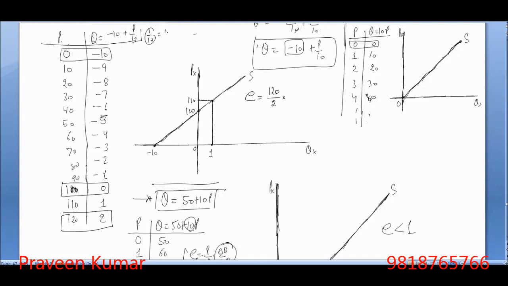So 1 by 10, 0 0 cancel, 2 6 are 12, or elasticity of supply comes out to be greater than 1 as the value is 6. 6 is greater than 1. We all know. Hello, did you get it?